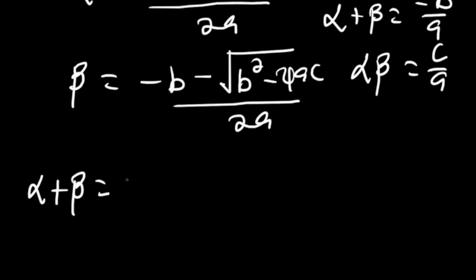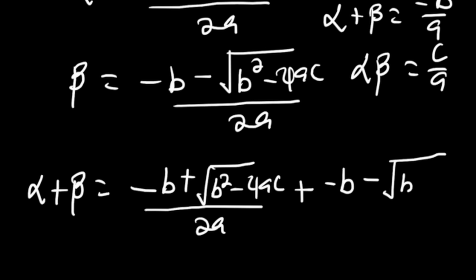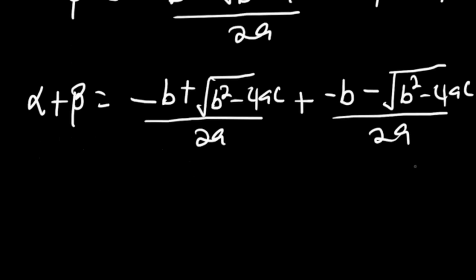The first one, for alpha, is negative b plus the square root of b squared minus 4ac, all over 2a, and then plus the next one, for beta, which is negative b minus the square root of b squared minus 4ac, all over 2a.